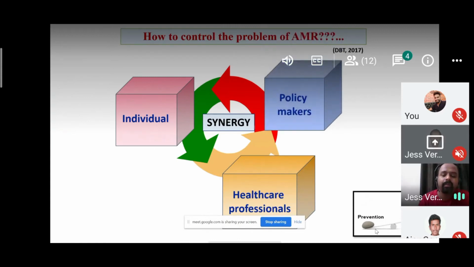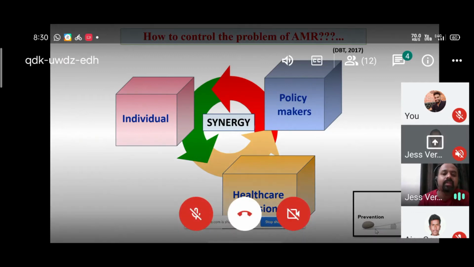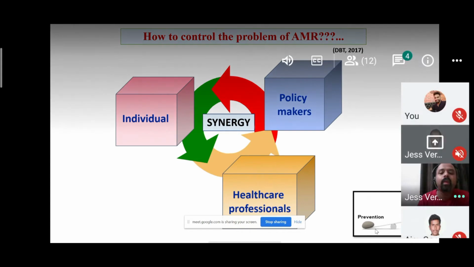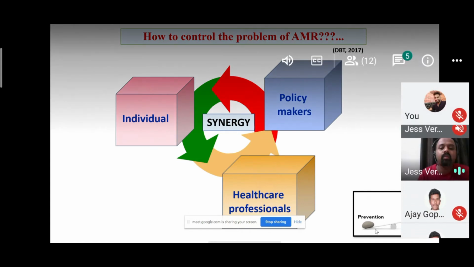The representatives of these sectors have to come in contact and sit under an umbrella, like what we are doing now, and discuss the problems, and solutions have to be found for them.